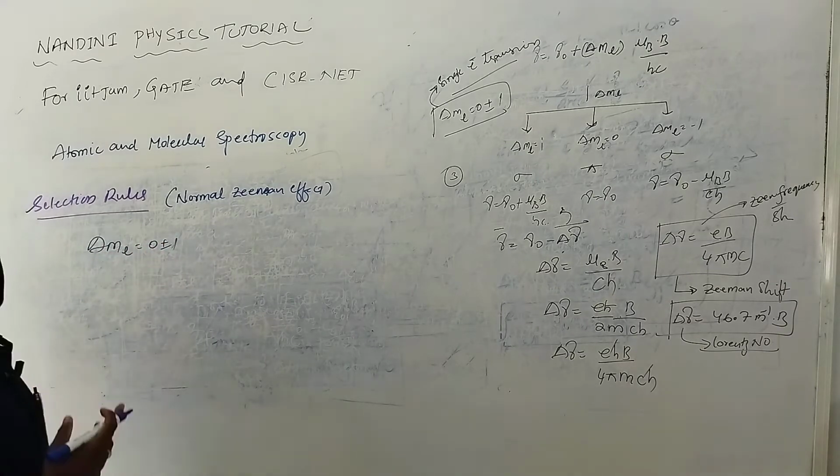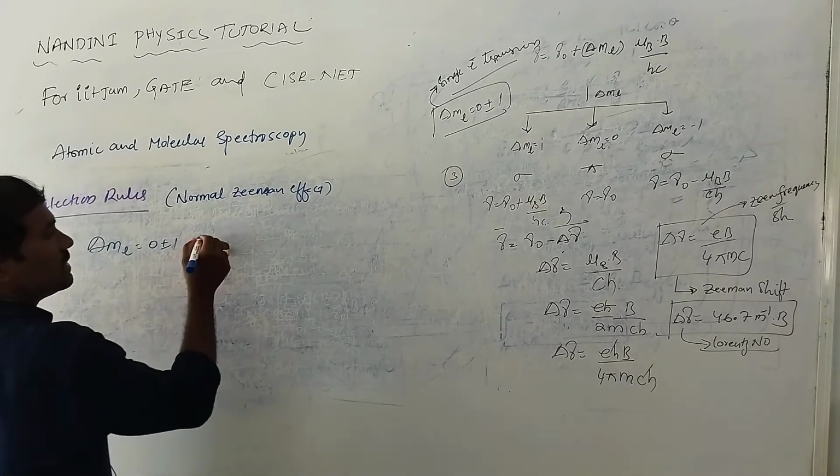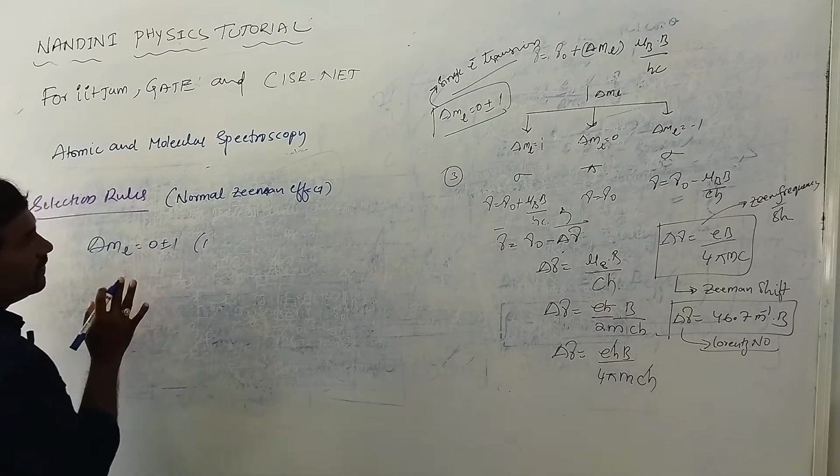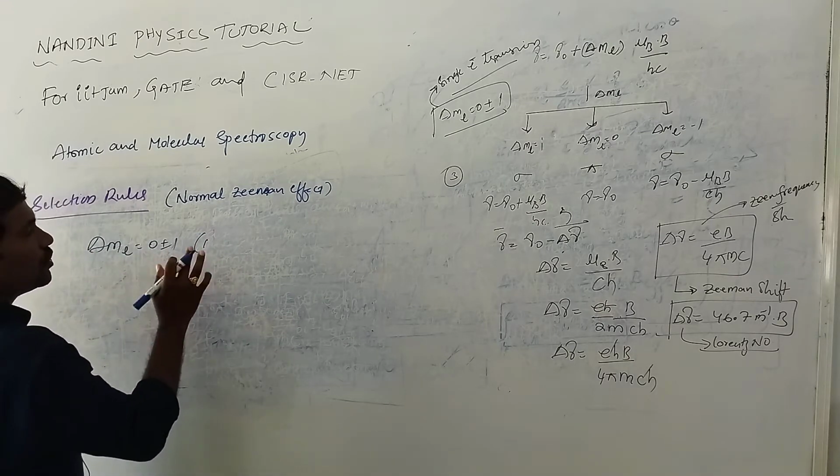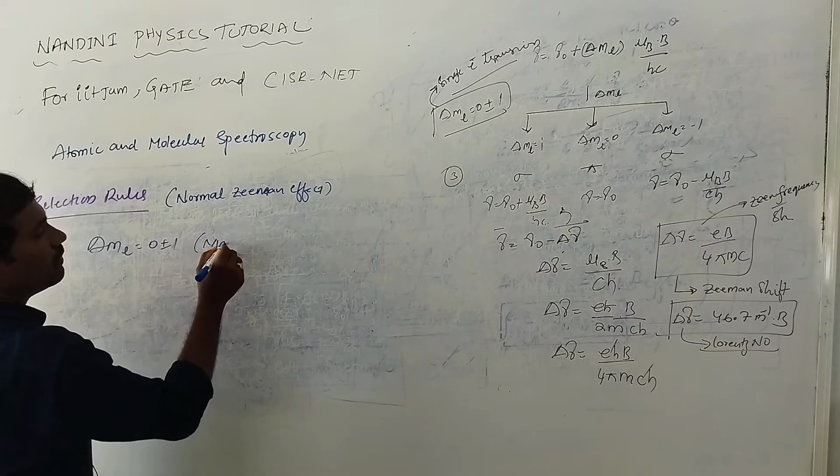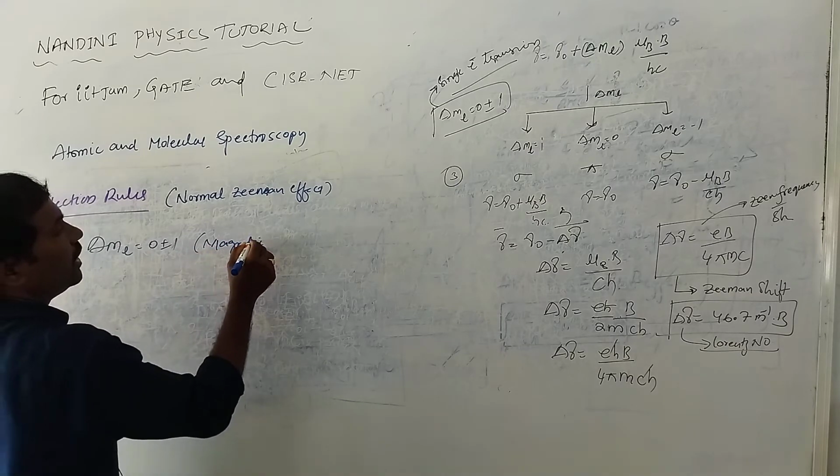This is the selection rule for the normal Zeeman effect, and it is also called magnetic dipole moment.